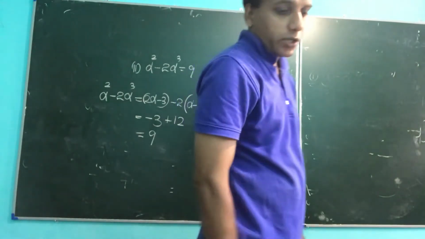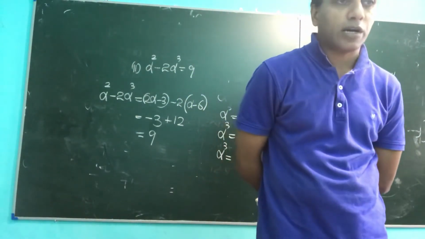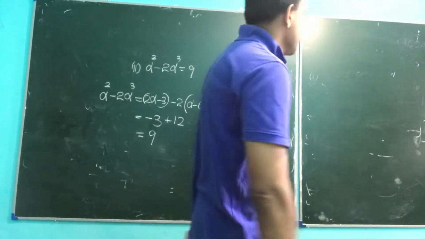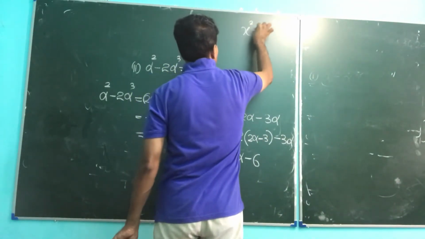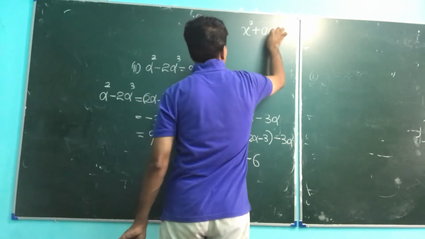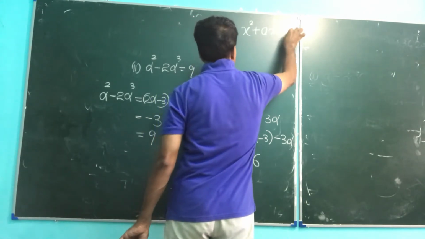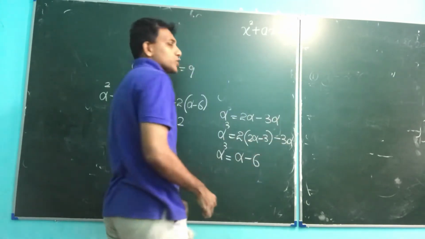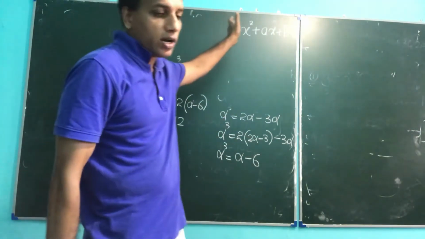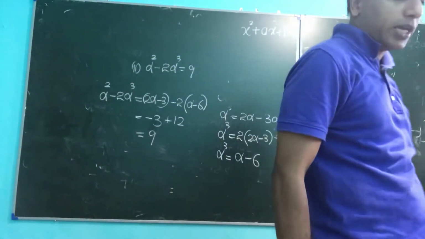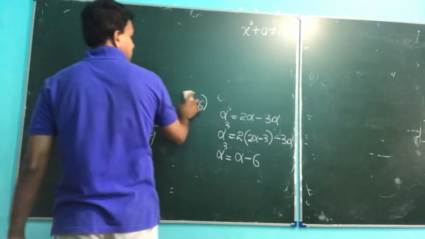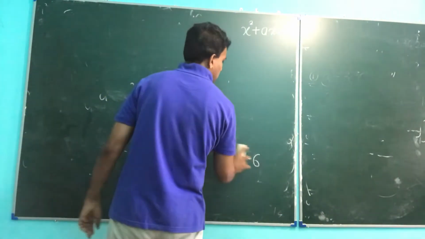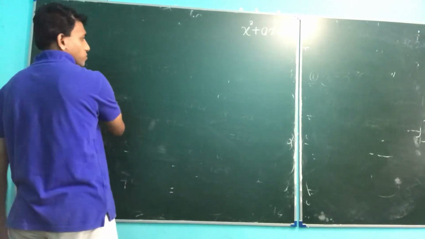Write this question. Alpha and beta are the roots of x square plus ax plus b equal to 0.